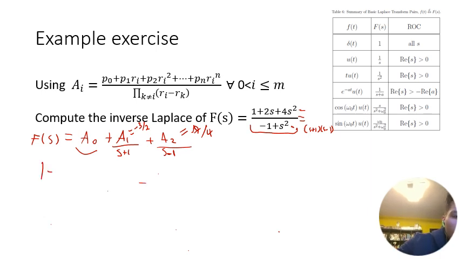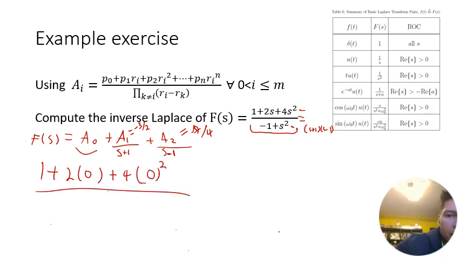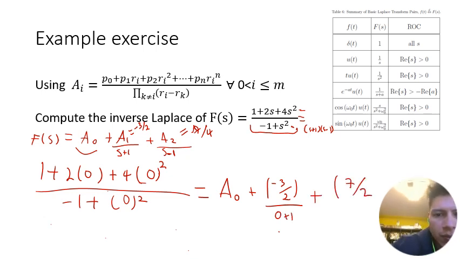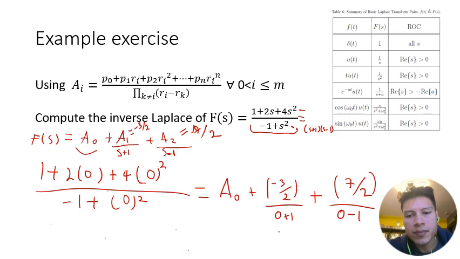So we have 1 plus 2 times 0 plus 4 times 0 squared divided by 0 squared minus 1 is equal to a0 plus -3 over 2 over 0 plus 1 plus 7 over 2 divided by 0 minus 1.